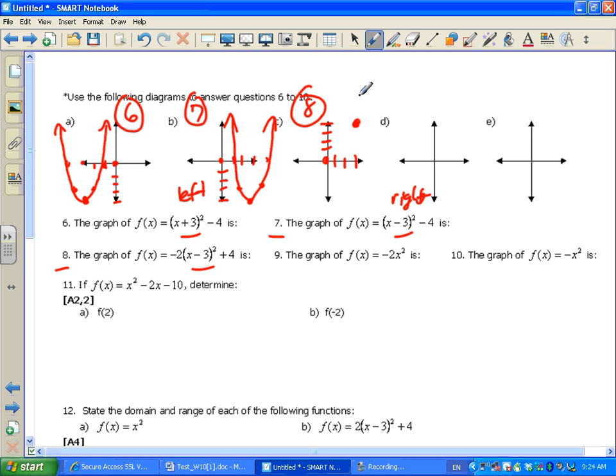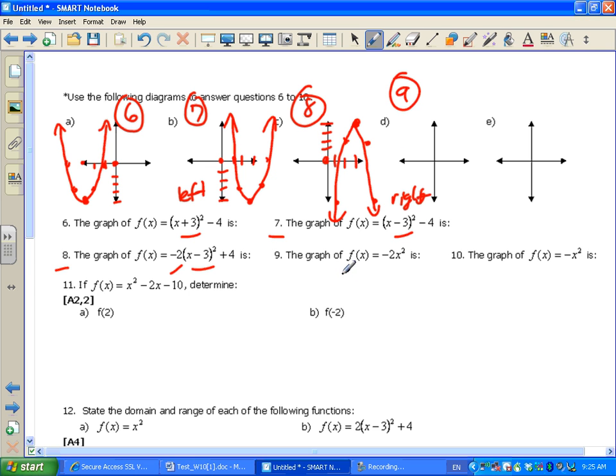So instead of facing upwards, this is going to face downwards. And instead of going over 1, up 1, we go over 1, down 2. Over 1, down 2. When we go 2, instead of going down 4, we go down 8 because we multiply by that 2. So 1, 2, 3, 4, 5, 6, 7, 8. So if we take a look at this, this parabola is thinner than the other ones we've drawn. Plus, it's facing downwards.